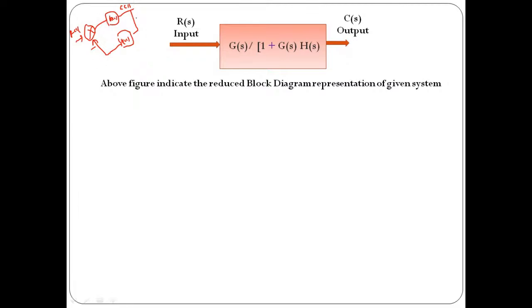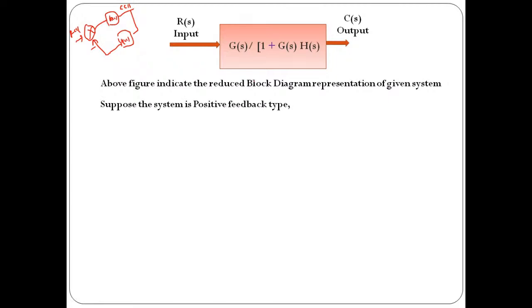So no need to draw this structure, simply draw this single block having a gain equal to G of s upon 1 plus G of s into H of s. This we have reduced to a single block, and this G of s upon 1 plus G of s into H of s indicates its transfer function.